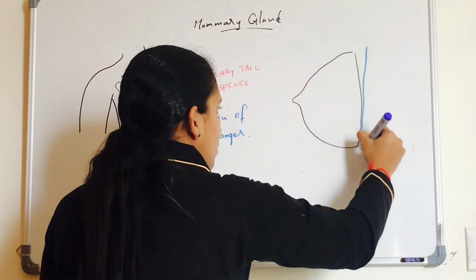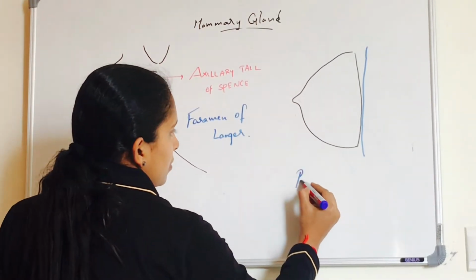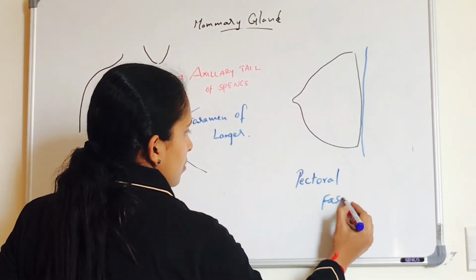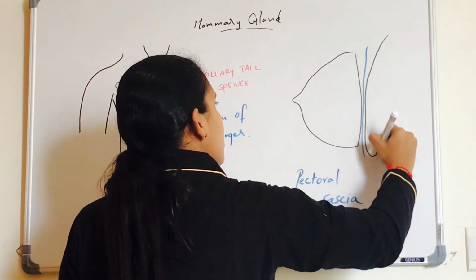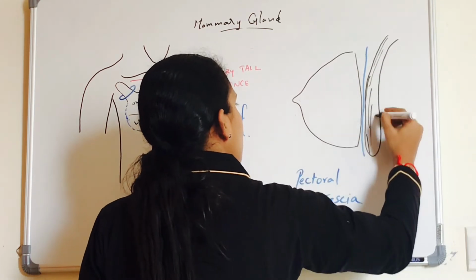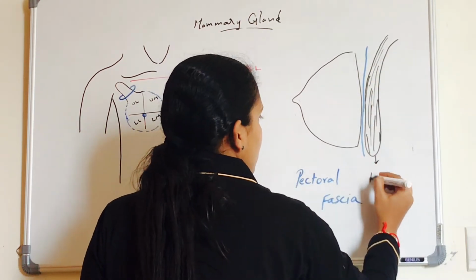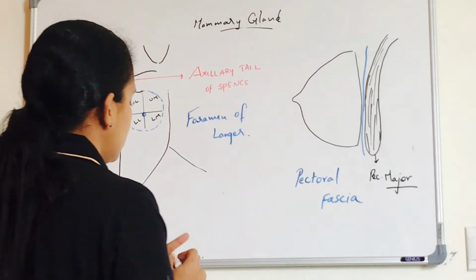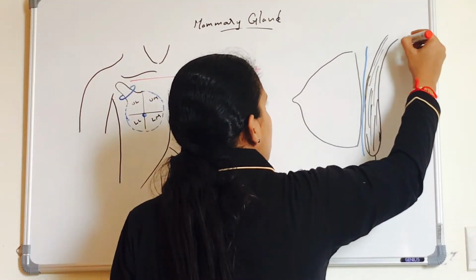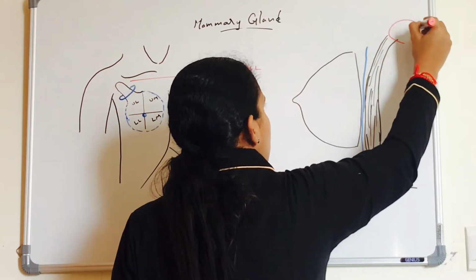Now, what are the structures which form the bed for the mammary gland? So we know the mammary gland lies over the pectoral fascia. What is pectoral fascia? The fascia covering the pectoralis major muscle, and we know the pectoralis major takes origin from the anterior surface of clavicle.